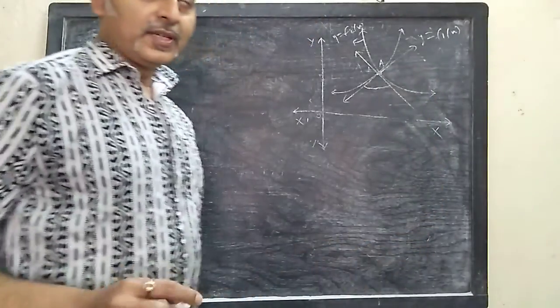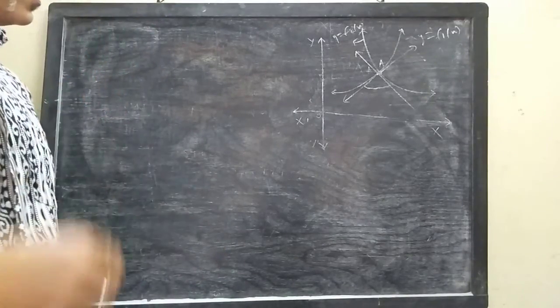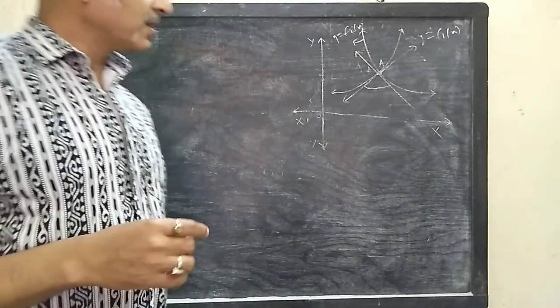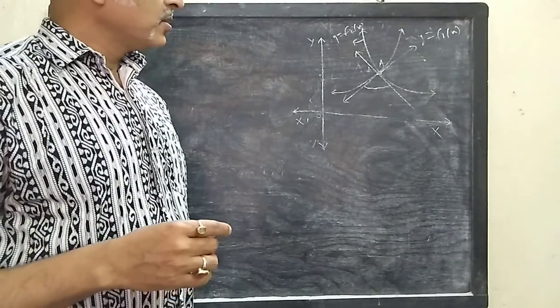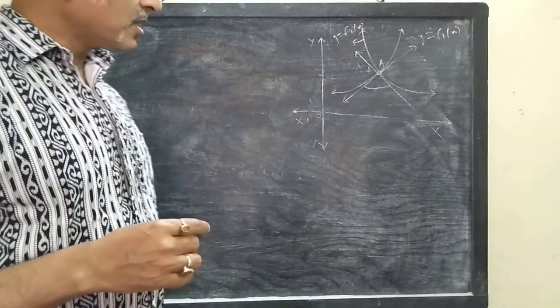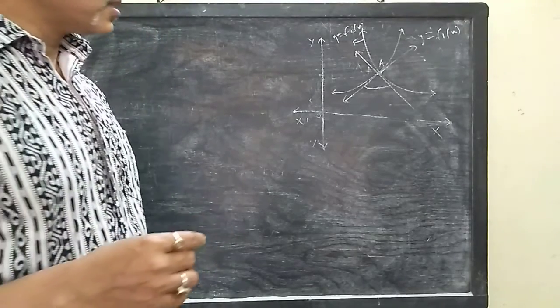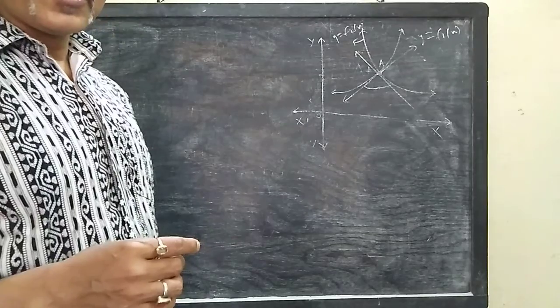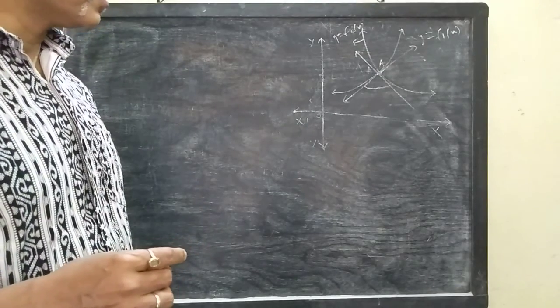So write down the definition. The angle between the tangents to the curves at their point of intersection is defined as the angle between the curves at their point of intersection.